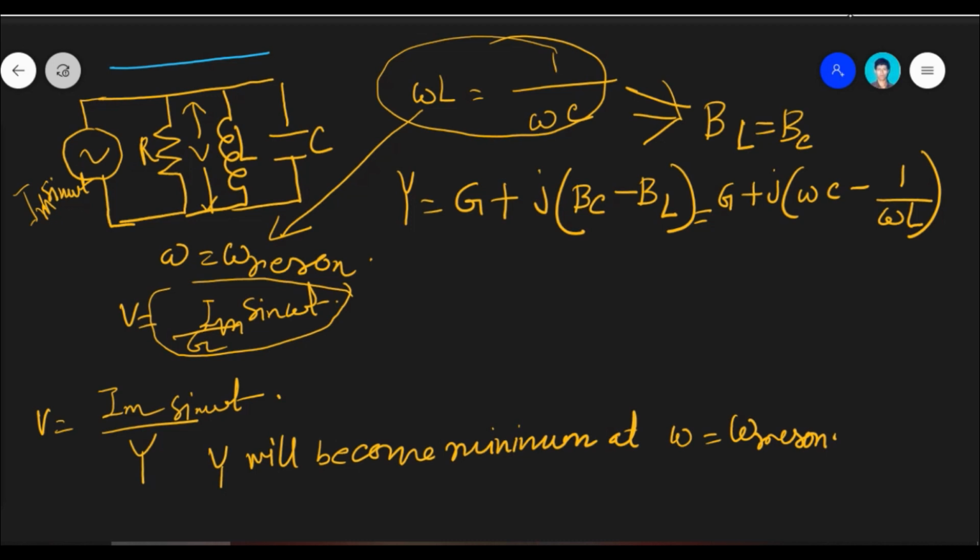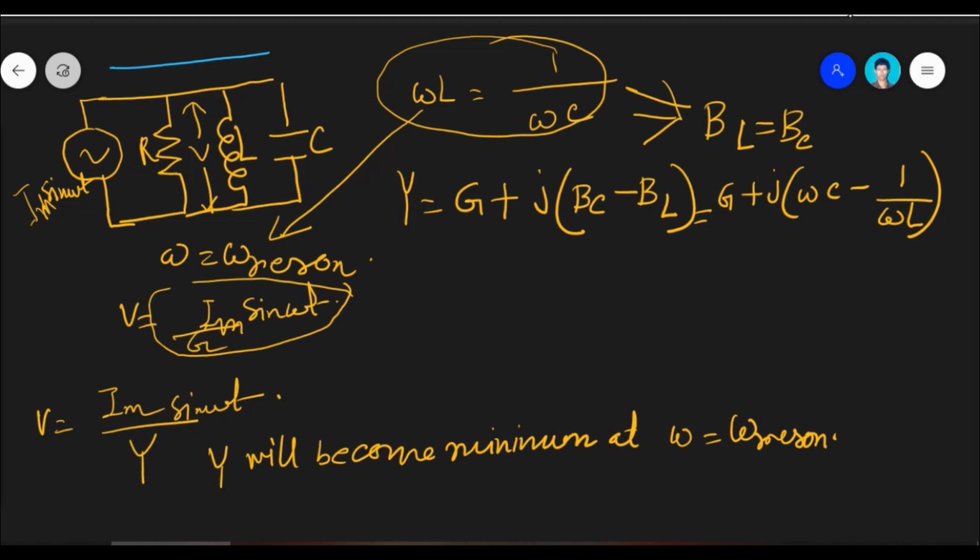It is very interesting to note that in a series circuit, our impedance becomes minimum at series resonance, and at parallel resonance our admittance becomes minimum. But the similarity between both is that whether it is impedance or admittance, in both cases it is a real number. There is no imaginary part. The whole complex quantity becomes a real thing, and that is very interesting and beautiful to note.